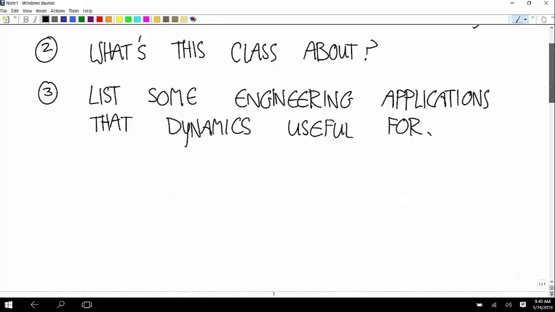First one is there's going to be a lot of vector math in this class, and the first assignment is going to be a vector review that's posted in the course information section on D2L, doing some problems from the vector review. I just want to point out there's a lot of different notations for vectors.